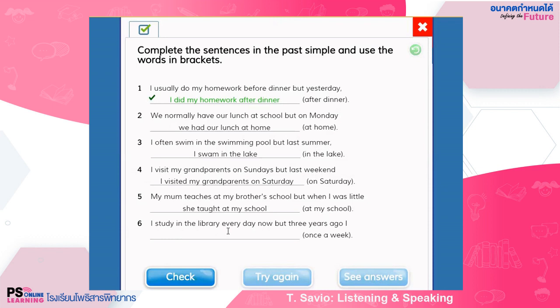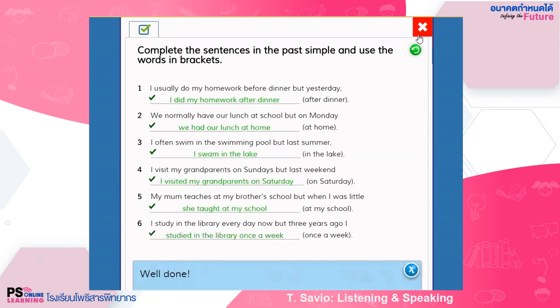I study in the library every day now, but 3 years ago I, the past tense of study, studied. Okay.